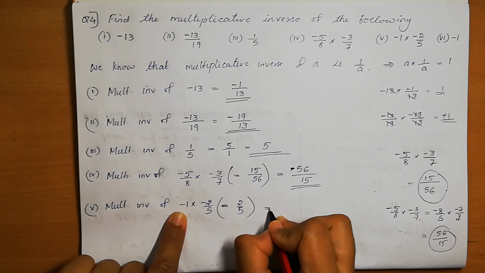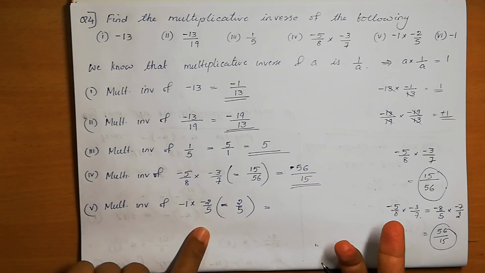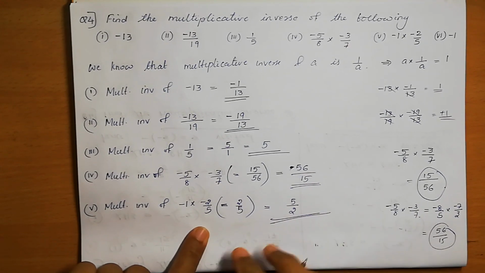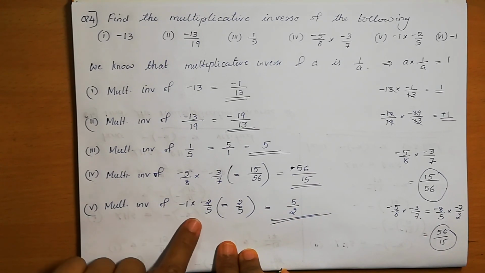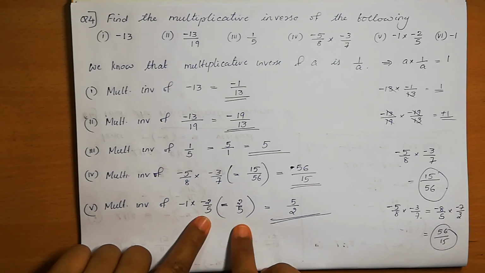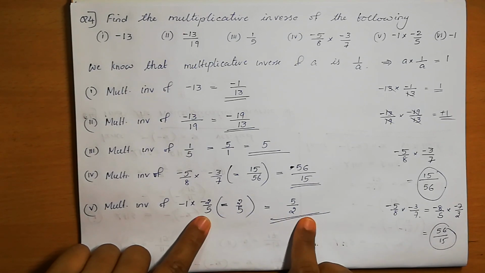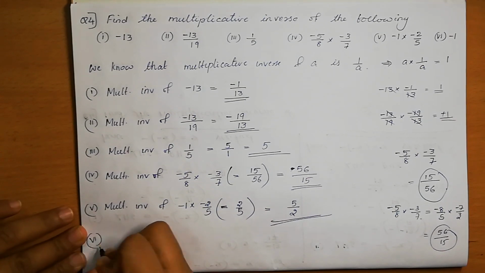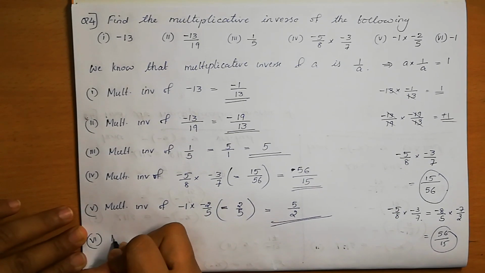This is equal to 2 by 5. So what is the reciprocal? 5 by 2. So the multiplicative inverse is 5 by 2. We can write multiplicative inverse of minus 1 into minus 2 by 5 equal to multiplicative inverse of 2 by 5, which equals 5 by 2. Sixth one. Multiplicative inverse of minus 1.